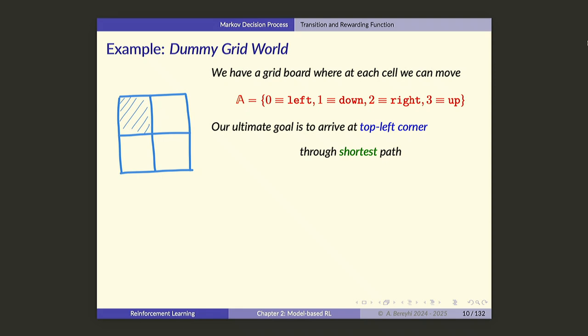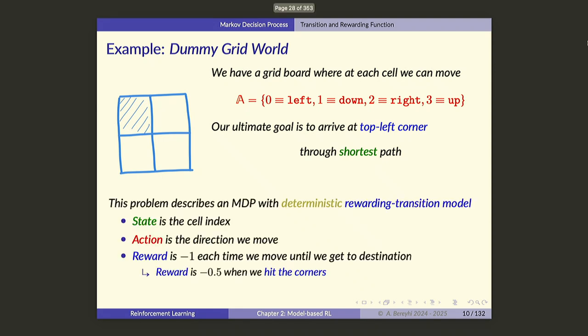So you want to just go left directly to get to the destination. So anywhere on this grid world that you are, you just look for the shortest path towards the corner.